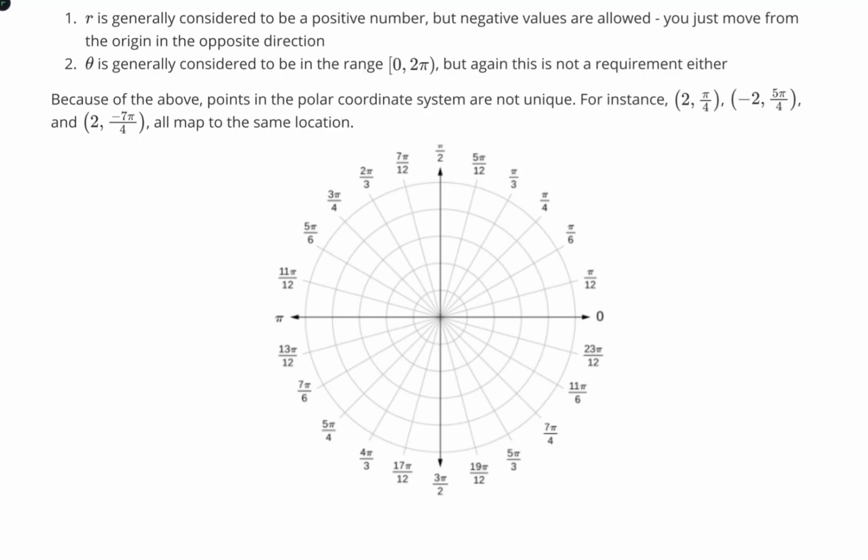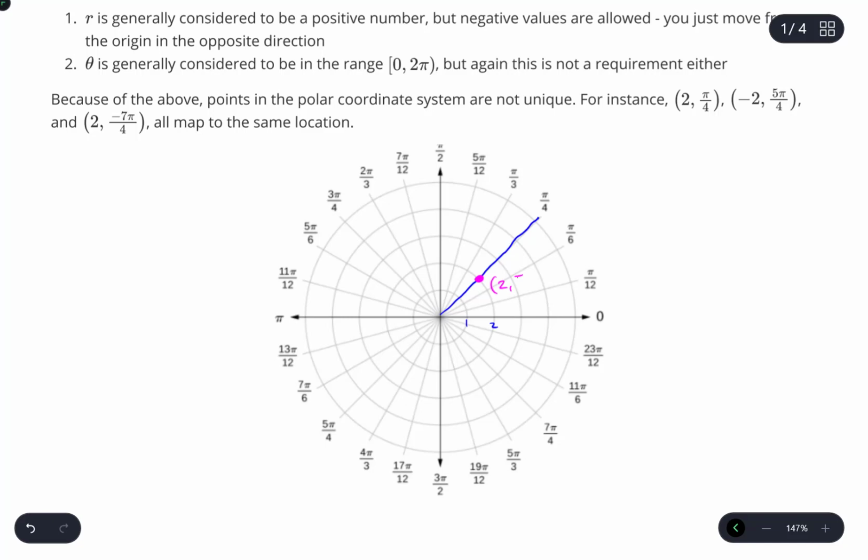So for instance, the point 2, pi over 4. So if we look at the line pi over 4, that's right there. Positive 2, pi over 4, that's easy to find. We just go out 1, 2 on this line, and we find that point right there. So that's positive 2 and pi over 4.